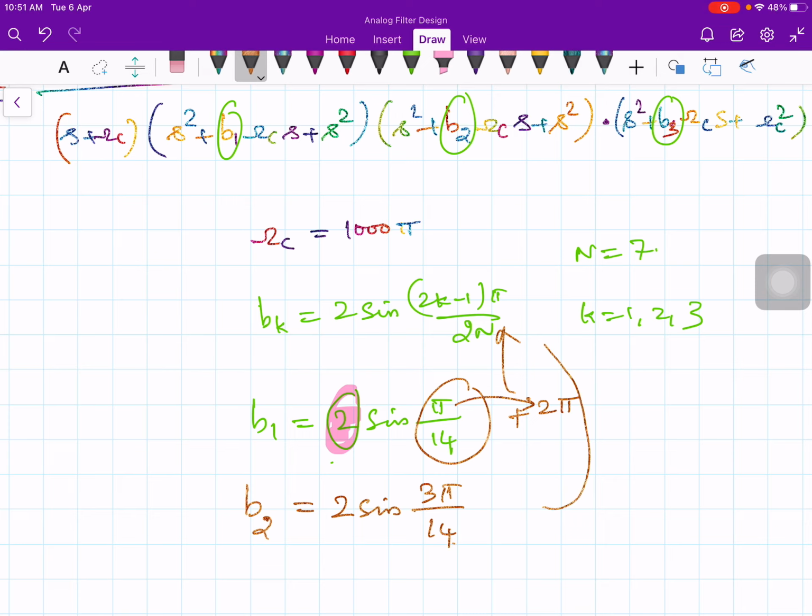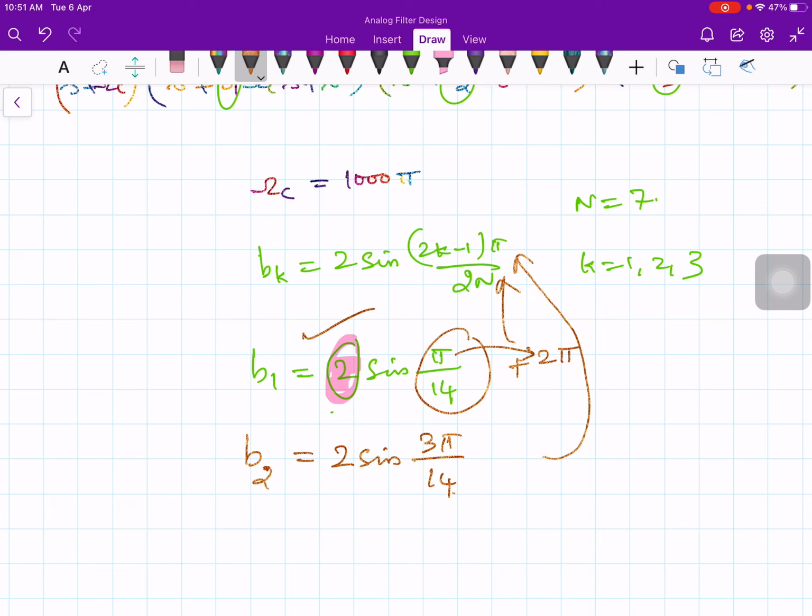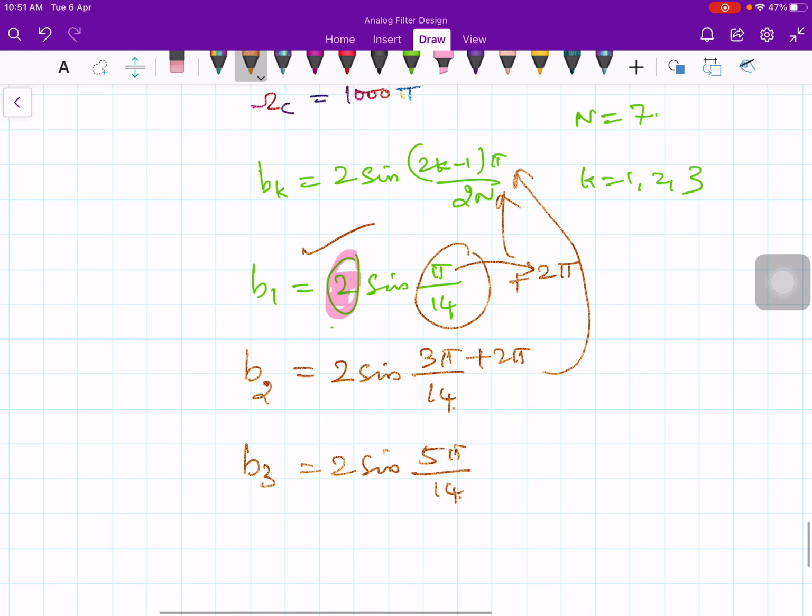So don't go to this formula every time. Once you have written this b1, then automatically you can write down b2, b3, b4 by adding 2 pi in the numerator of the argument. And then b3 is equal to twice sine of, again add plus 2 pi in the numerator, so 5 pi by 14. Okay, so after a while you will lose contact with who is Butterworth and what is the filter and so on.